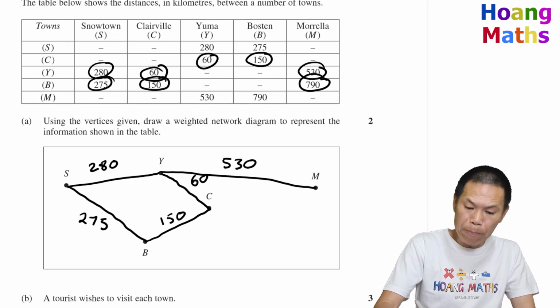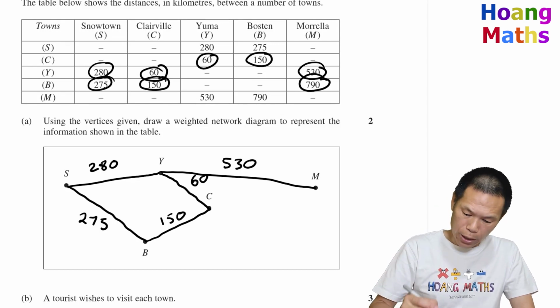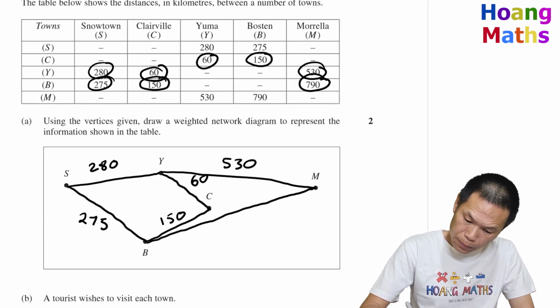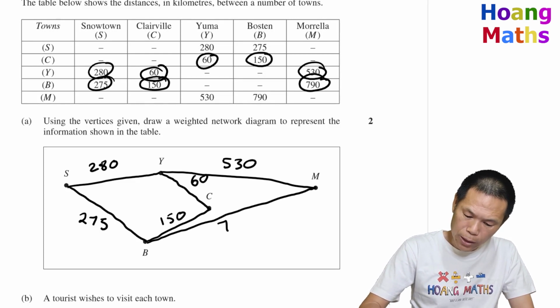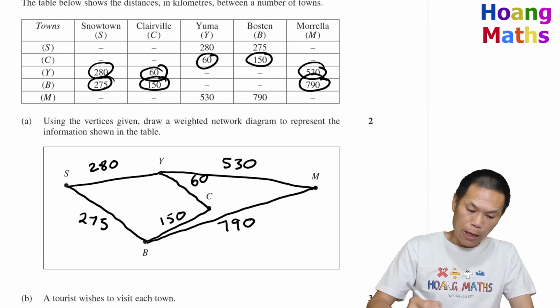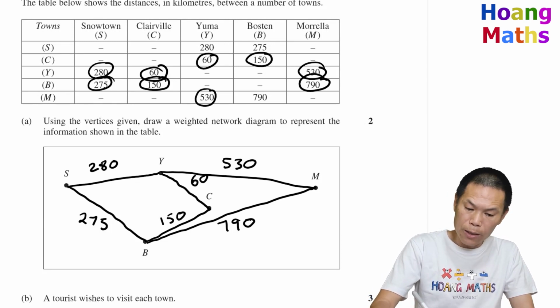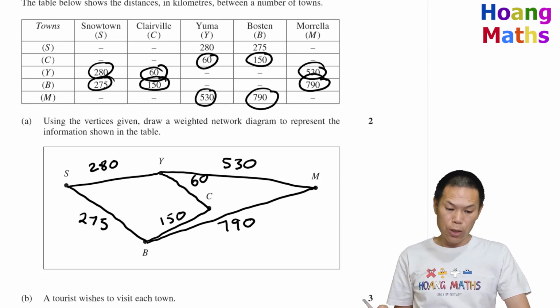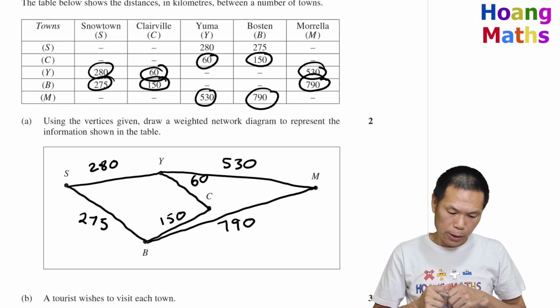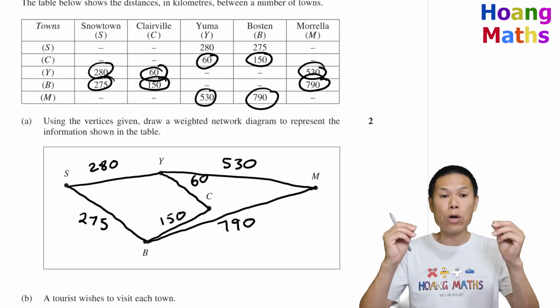And B to M is 790. Then we have M to Y, which is done, and M to B done as well. So there you go. This is the weighted network for the table.